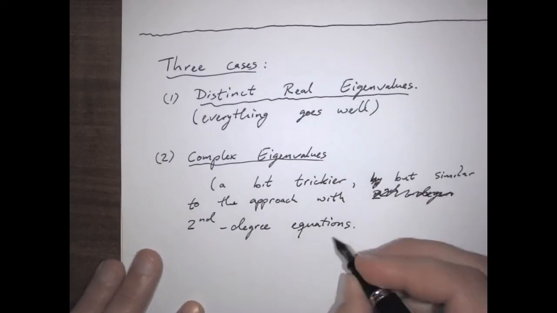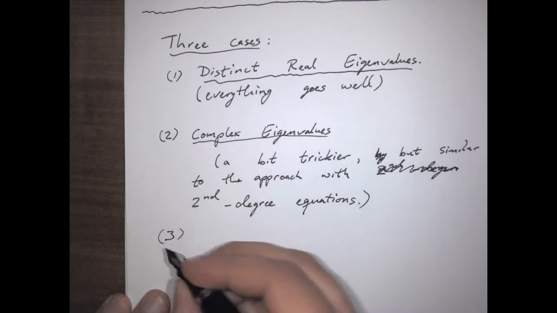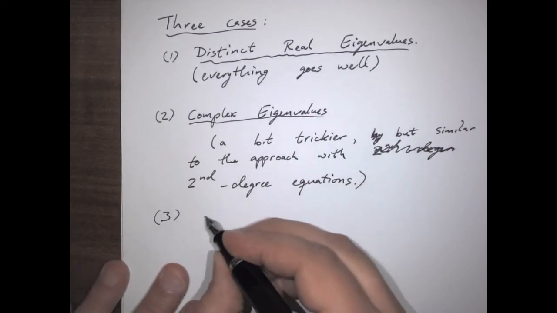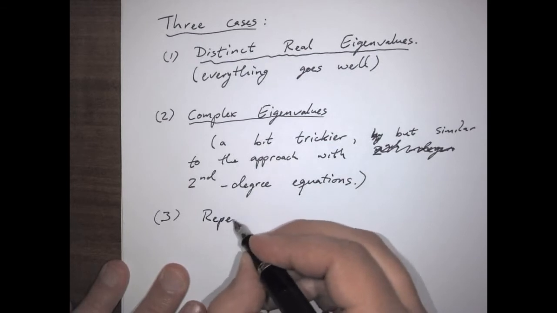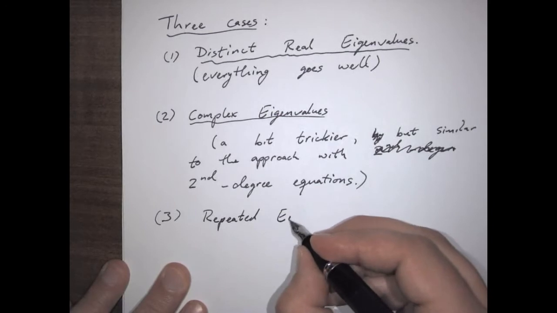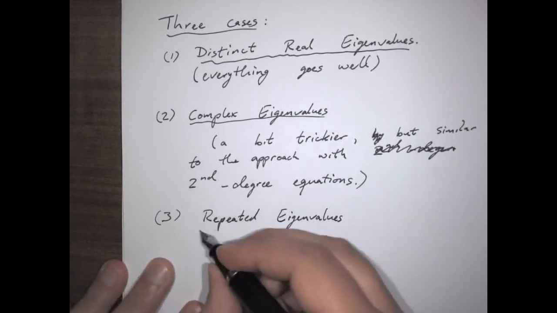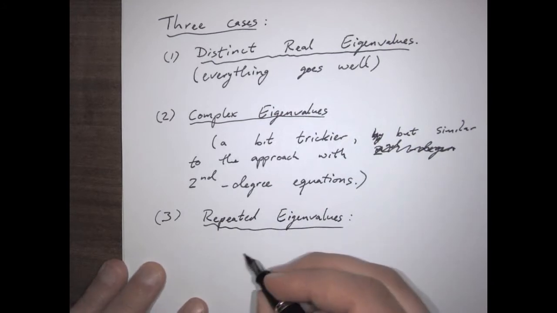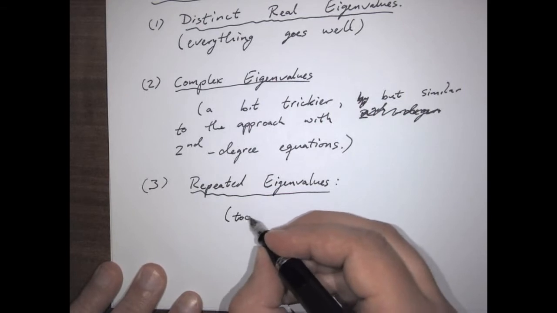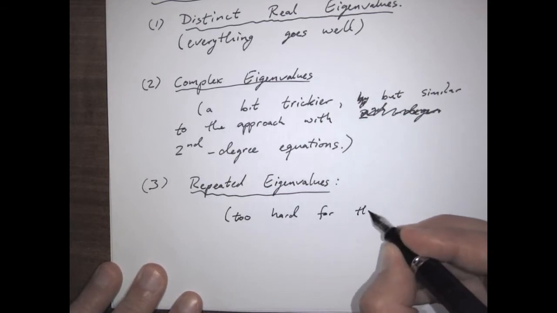equations. And then finally, 3, the hardest case, which is the repeated eigenvalues, which is going to be so hard, we'll put it off to another section. And this is too hard for this section.